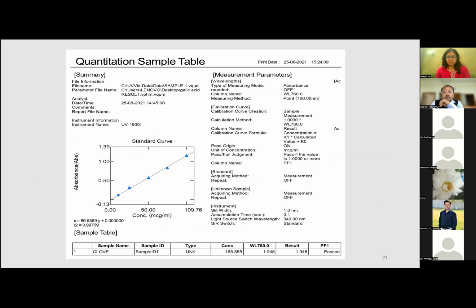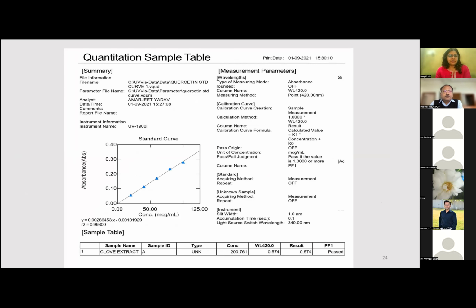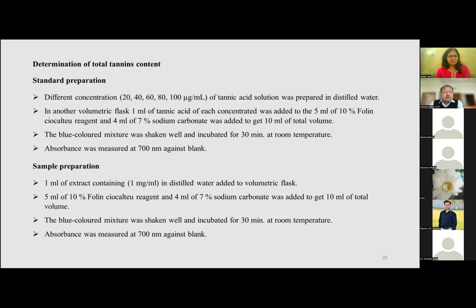And this is the quantitation of all chemical constituents; we estimated the total alkaloid and flavonoid content. And in this we realized why we should have a ready-made option. When we worked with different cloves, there was a major difference in the flavonoid and alkaloid content.